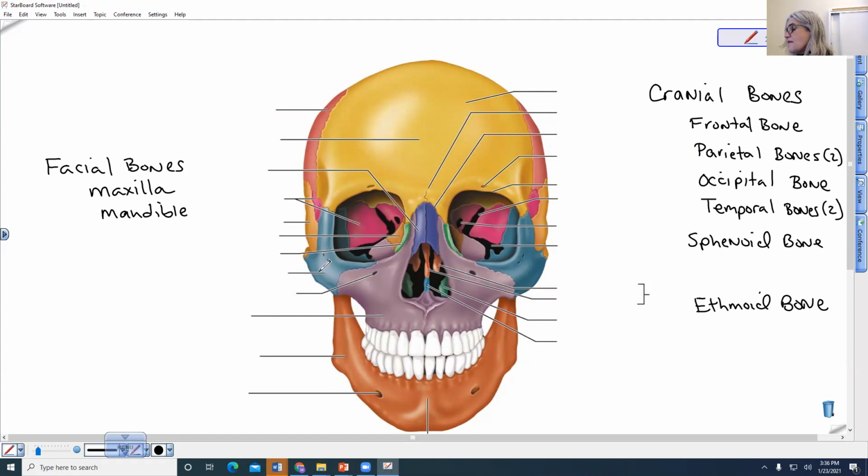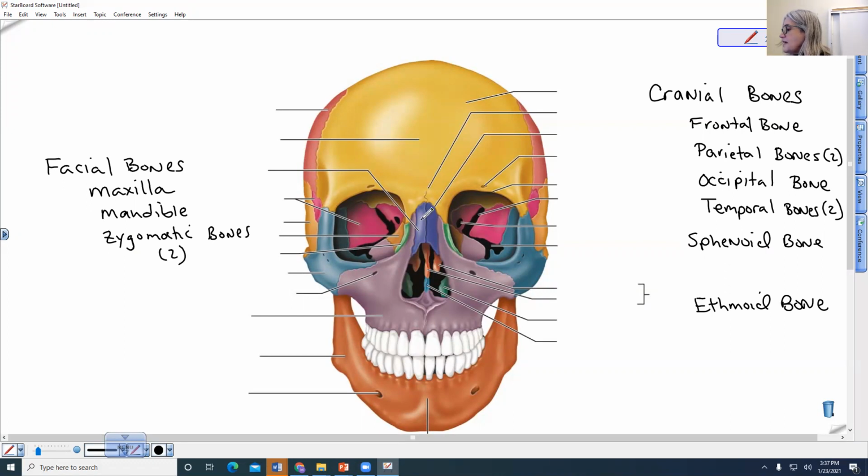But this part of the facial structure, this in blue, is actually the zygomatic bone. So we have two of those zygomatic bones. So we'll put two there.